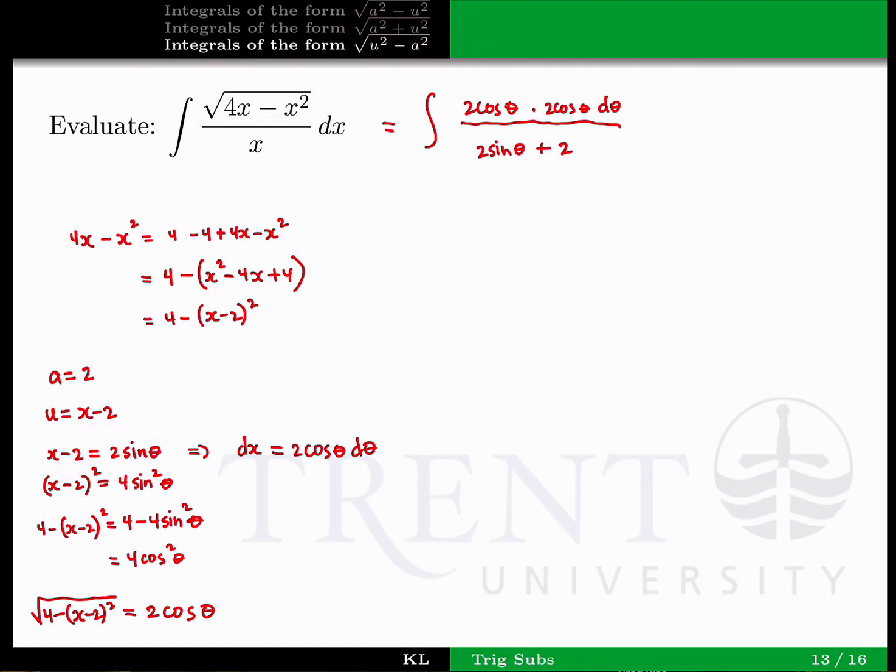So we have here 2 cosine theta times 2 cosine theta d theta. Outside, we will have 2 times 2, that's 4. Inside, in the numerator, we will have cosine squared theta. On the denominator, we can factor out 2 and bring it out, but the denominator still has sine theta plus 1 d theta.